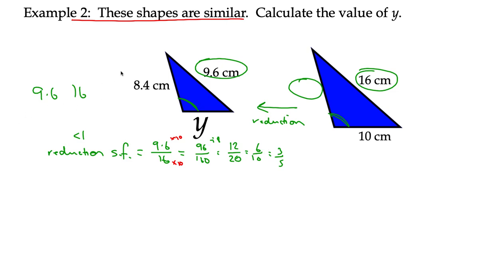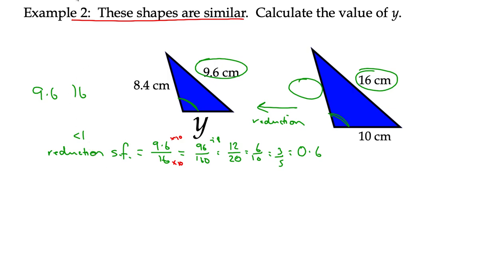Because of the decimal values here, I'm going to just change it to a decimal fraction here. So you don't have to use the simplifying fraction techniques. You can if you need to, that's all. So we've got a scale factor of 0.6 or 3/5, and that's consistent with the fact that it needed to be less than 1.